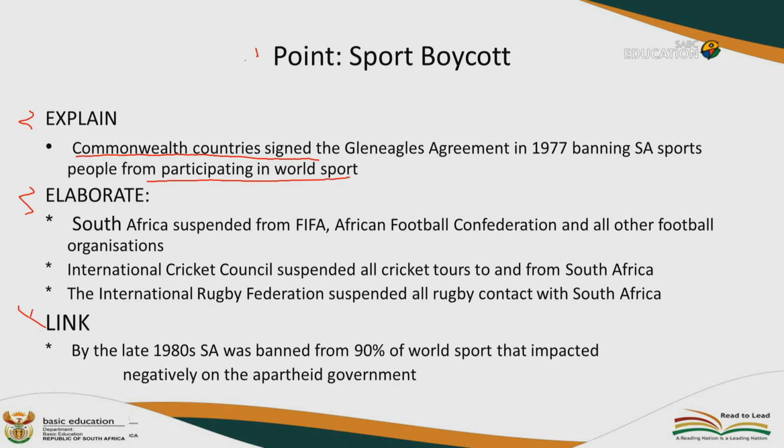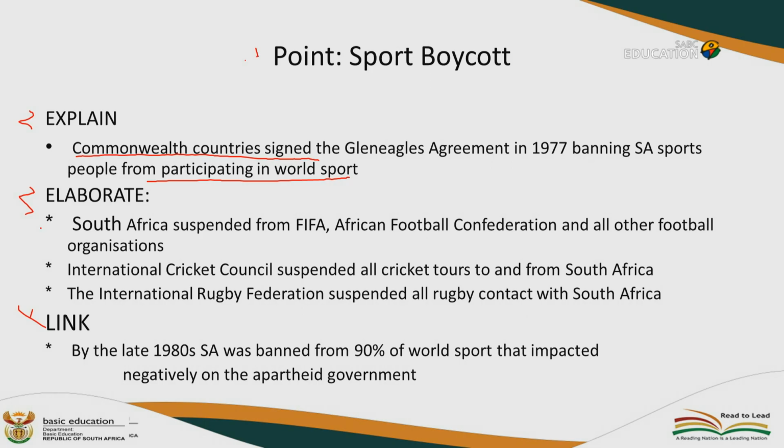When you elaborate, then you would say, South Africa was suspended from FIFA, from African football, as well as other football organizations. That is the example that you are giving in edifying your explanation.